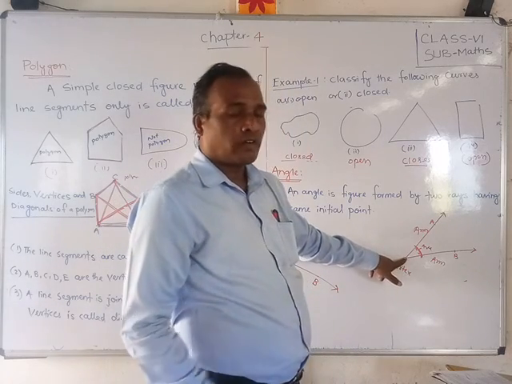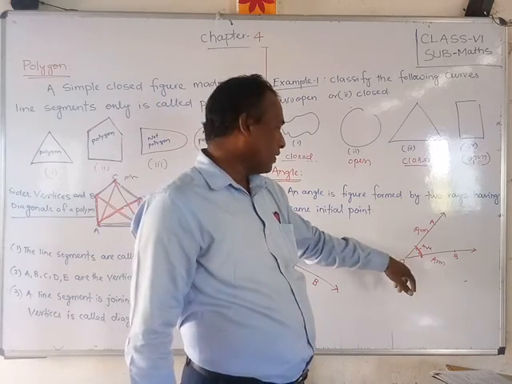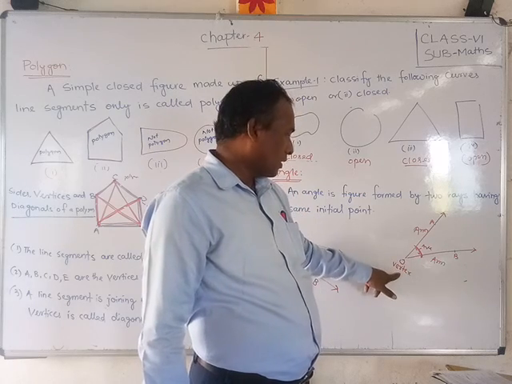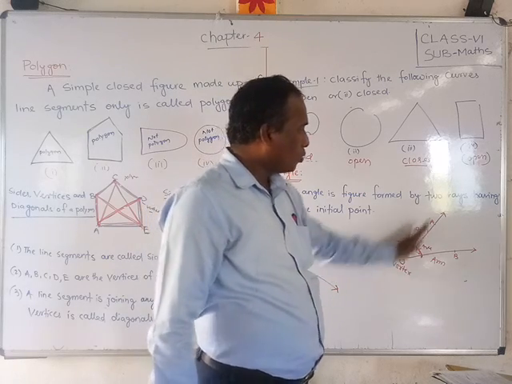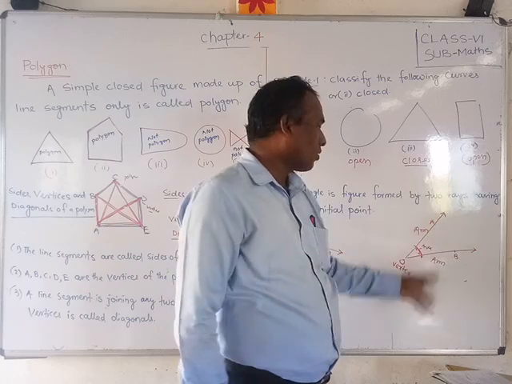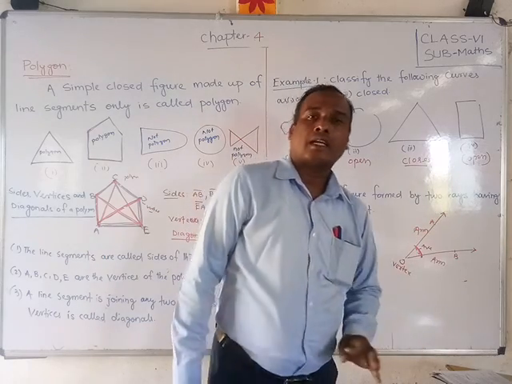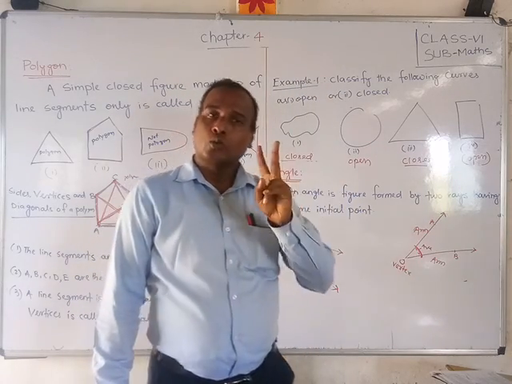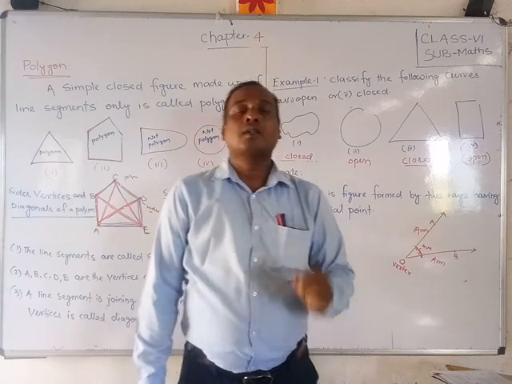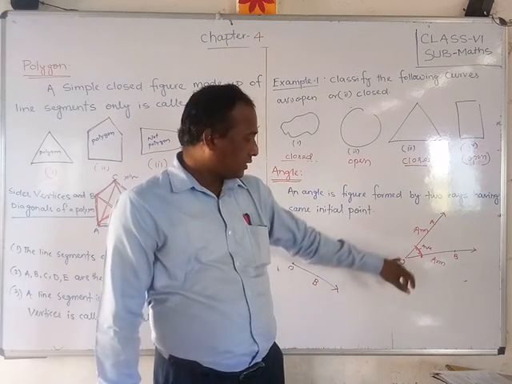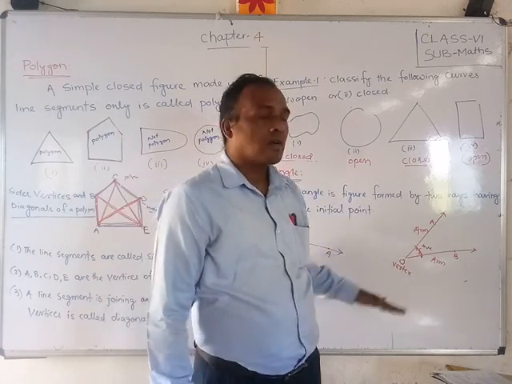This point is called the vertex. Remember, carefully identify the initial point: that is called the vertex of the angle, and the two sides or two rays are called the arms of the angle. So one angle has two arms and one vertex. This is the vertex, and these are the arms.